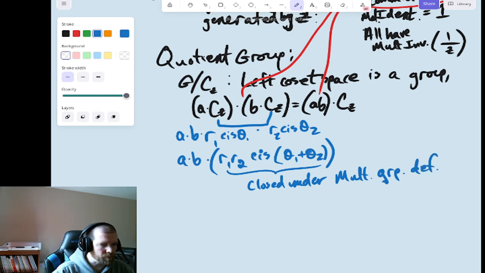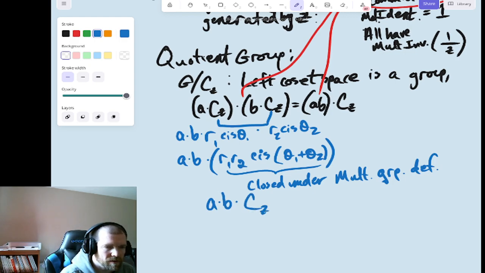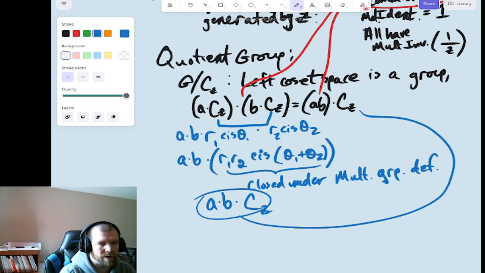Your multiplicative group definition is telling you that this is closed, so it has to be part of it. So then A times B times some member of C_Z is so proven. Again, I don't know how to do it, but this is a way.